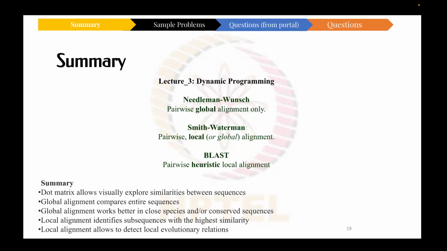The first one is Needleman-Wunsch. It is a pairwise global alignment algorithm. That is, it constructs a matrix to find the optimal alignment of two sequences by maximizing a similarity score. Given two sequences, it finds the optimal alignment which has the maximum similarity score possible for these two sequences.